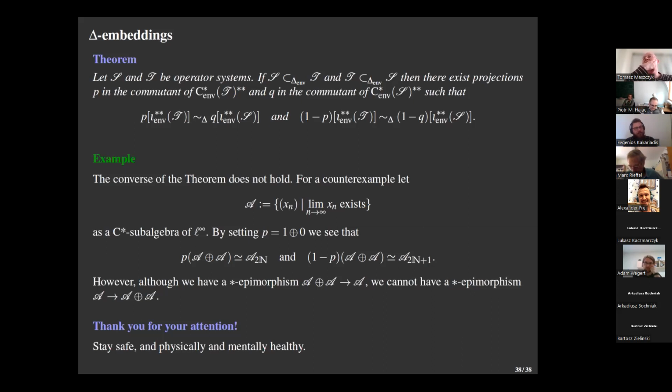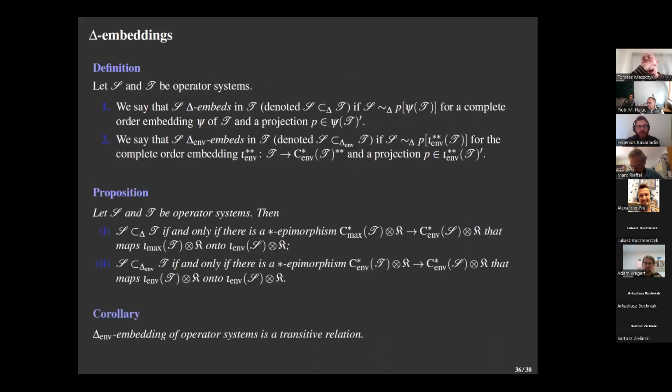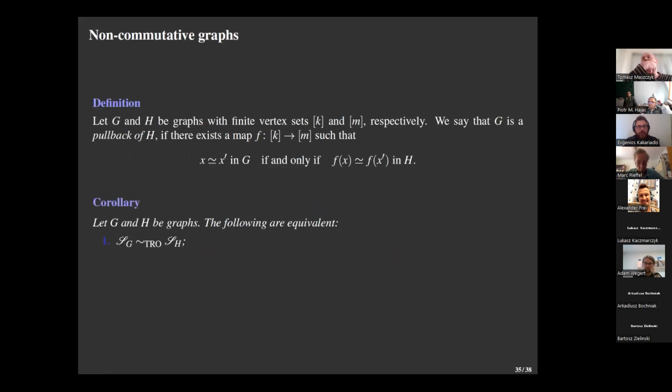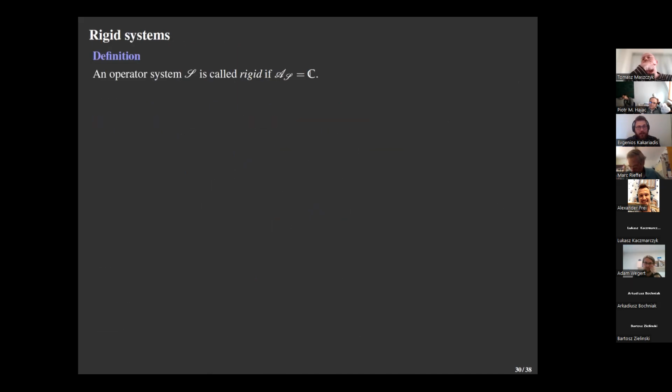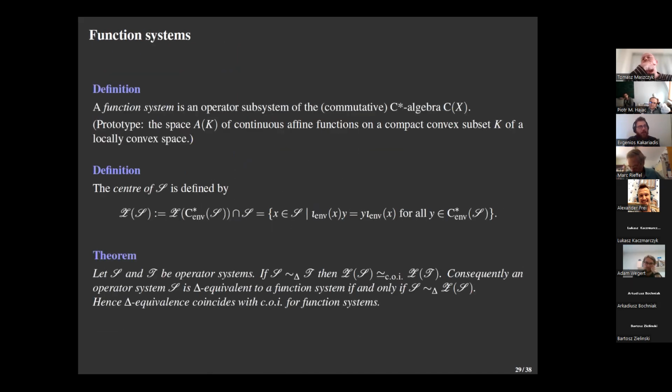So first of all, is there a class of operator systems known for which Morita equivalence is an isomorphism? An analog of commutative C*-algebras. So the function systems play well with that. Let's call it Morita equivalence for function systems is complete order embedding.